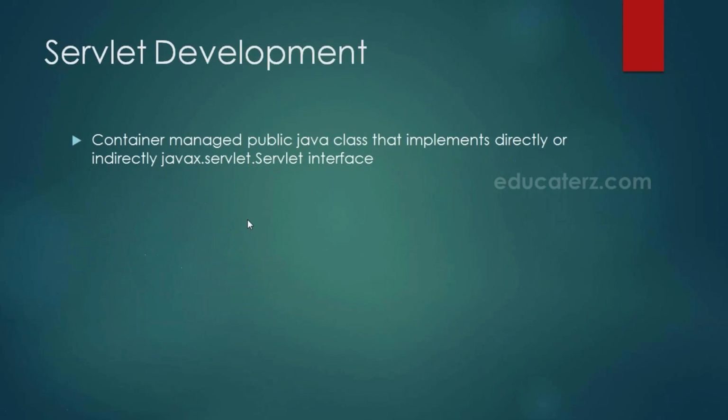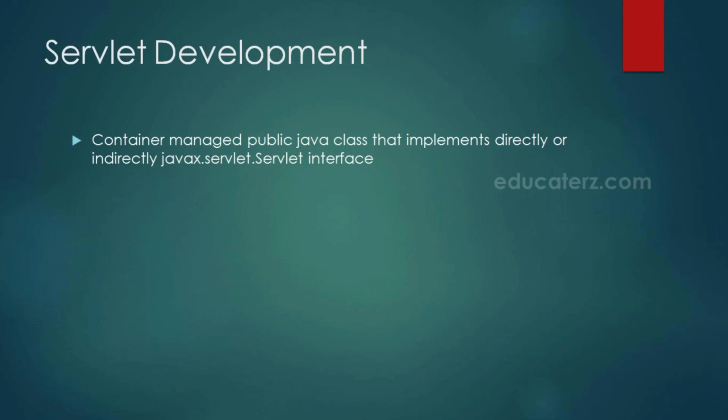And next, servlet development. Basically, a servlet is a container managed public Java class that implements, directly or indirectly, the javax.servlet.Servlet interface. So within the Servlet interface, we have a child class called GenericServlet, and then we write our servlet class.